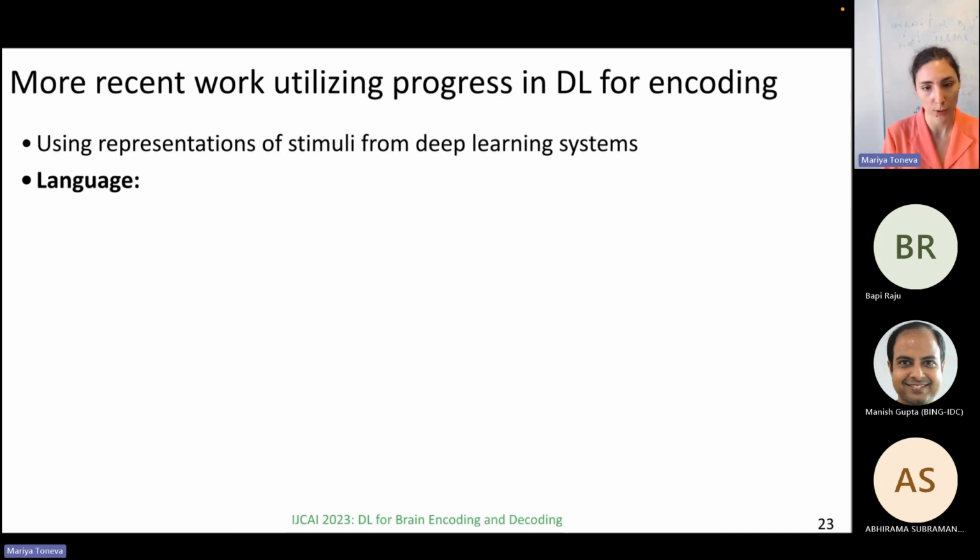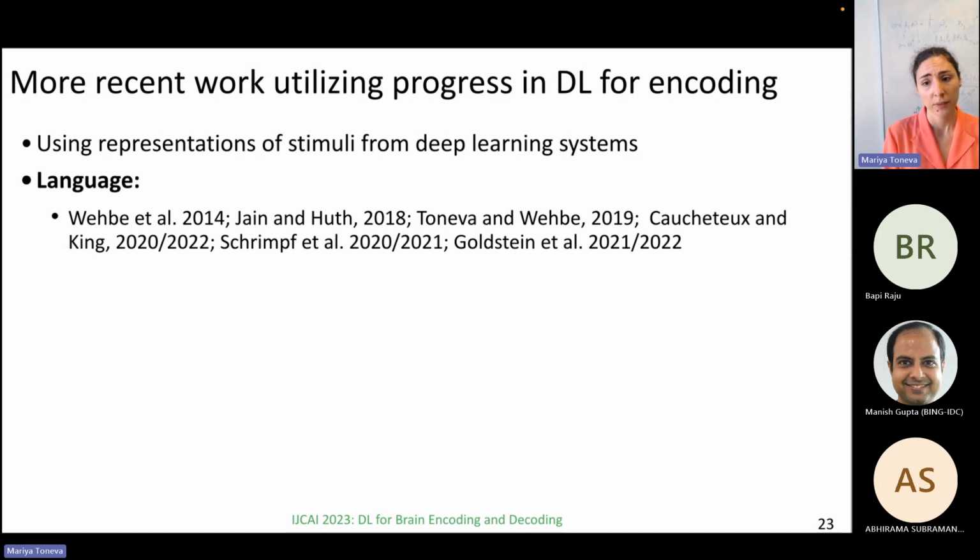In language, I'll be talking about a number of works that date back quite early, from 2014, which used much simpler language models based on LSTMs, up to more recent work, which uses transformer models to get the stimulus representations of these naturalistic language stimuli that would be presented to people in a brain recording device.